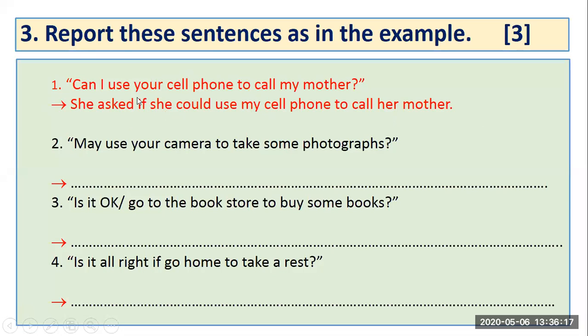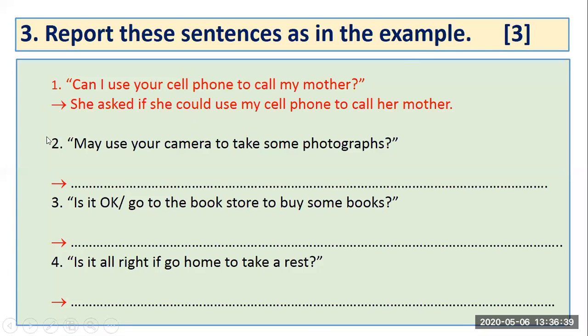If you write me again here, it becomes quite clumsy. It's not necessary. She asked me if she could use my cell phone. This is not necessary, okay? Because she asked, my is already there. So why use the same pronoun or possessive pronoun twice? So it's better you use it only once in such cases.